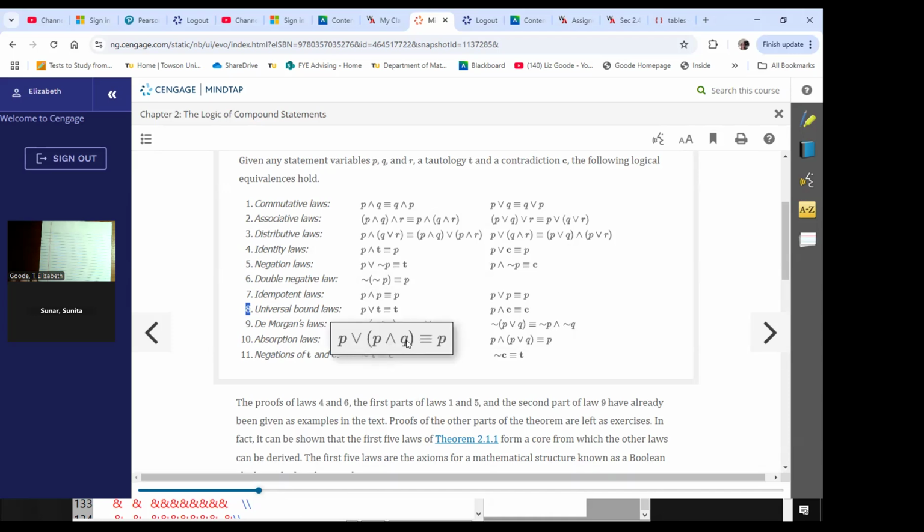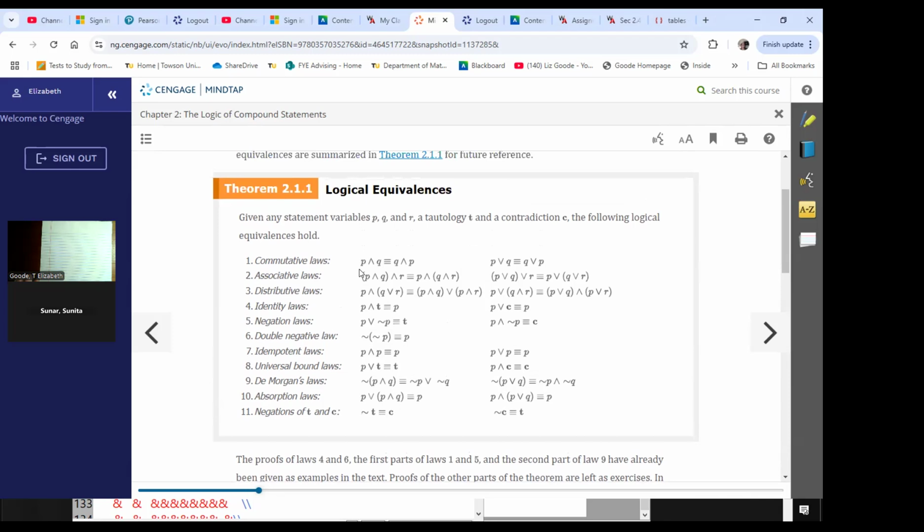P ORed with P and Q is just the same thing as P, and P anded with P or Q is still P. The negation of the tautology is the contradiction, and the negation of the contradiction is the tautology. So these laws tell us about logical equivalences.